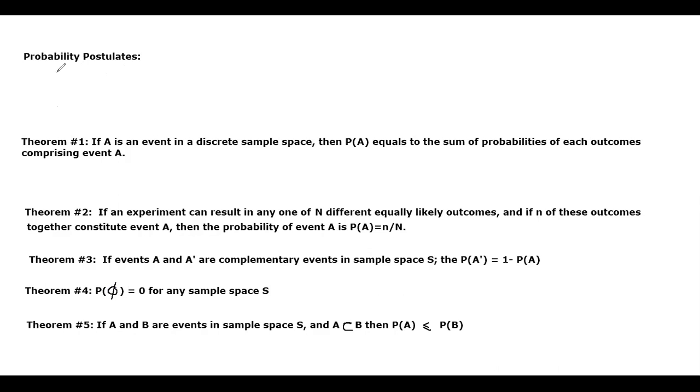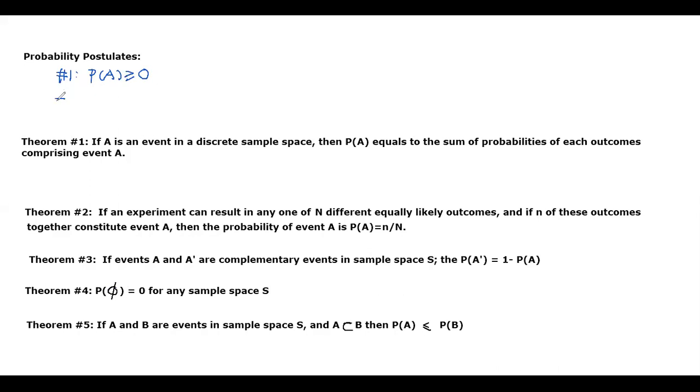The first postulate is that the probability of every event has to be greater than or equal to 0. You need to remember this. In all the later lectures, if you calculate some probability and get a negative number, then you know it's not correct, because probability has to be positive or zero. This is postulate number 1.